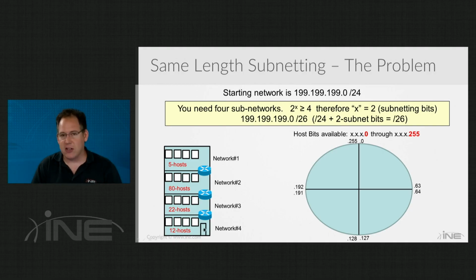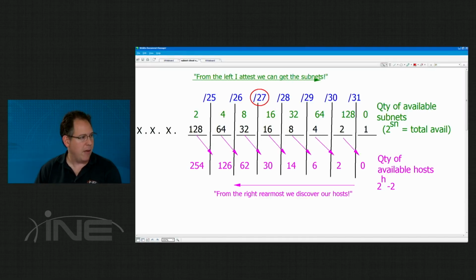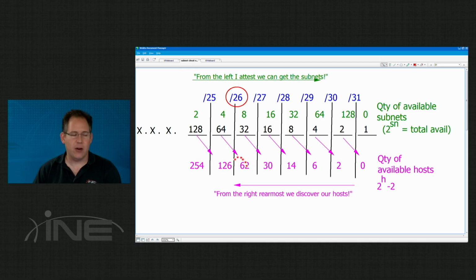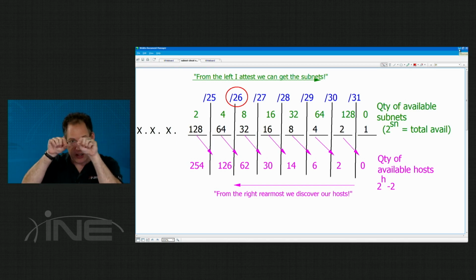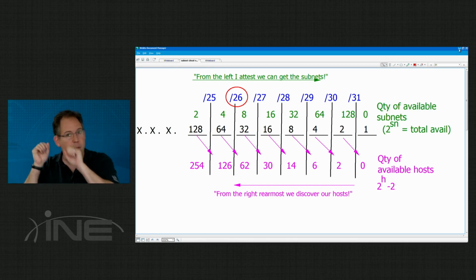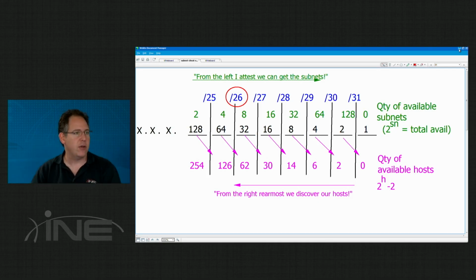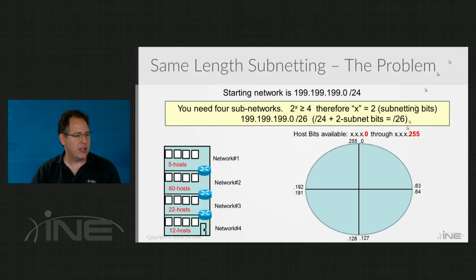And with a /26, what do we know? Going back to this right here, with a /26, we know that each one of these networks is going to have 62 host addresses. So 64 addresses total: the network address, 62 host addresses, and then the broadcast address. So that's what you see right here.